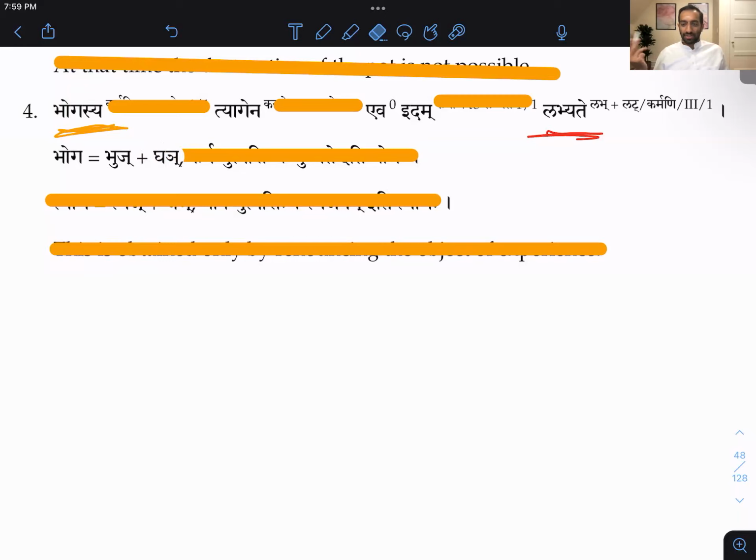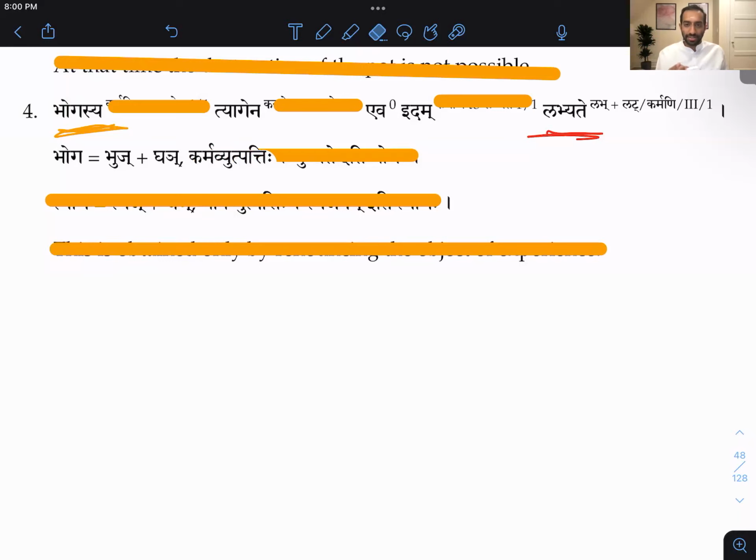You can unmute or you can type it in the chat. Okay. So that which is experienced, so that is going to be karma vyutpatti, right? It's going to be the derivation of vyutpatti in terms of karma. It's the object of experience, right?